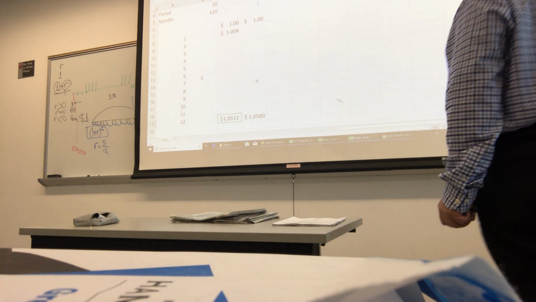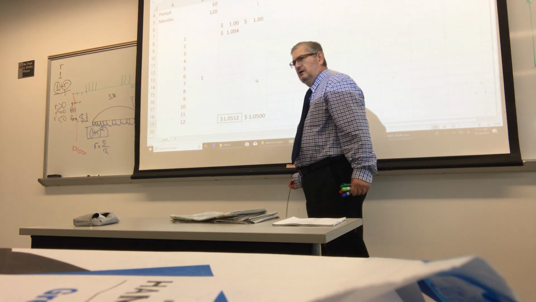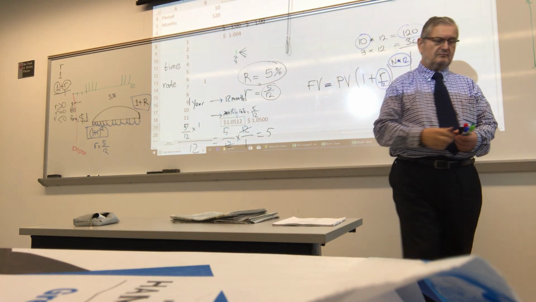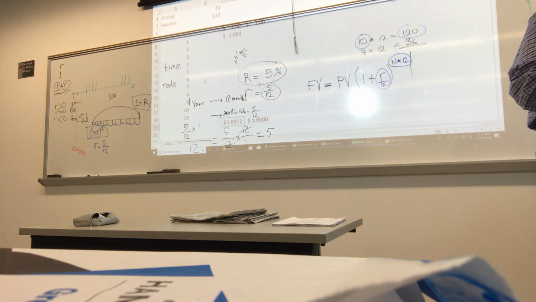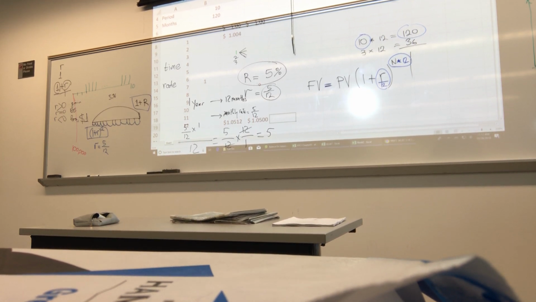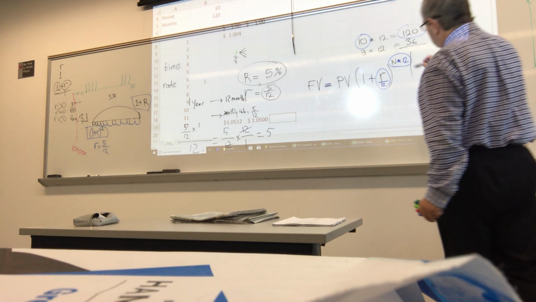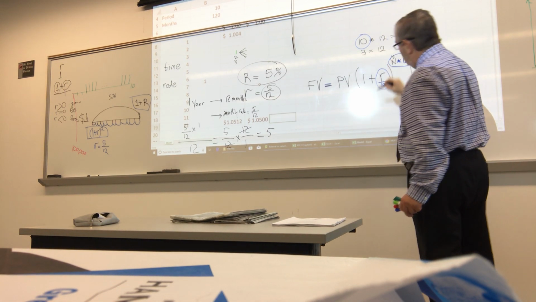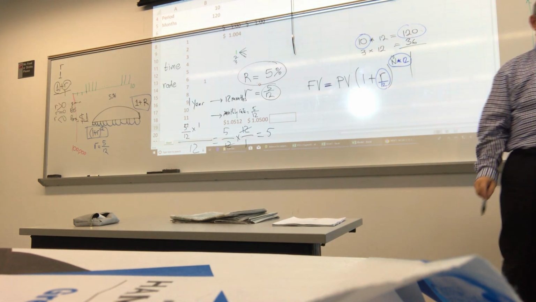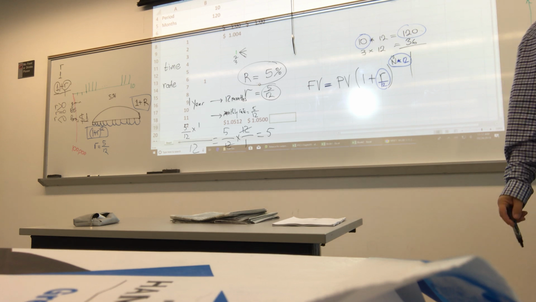And I'm looking to see what is happening here. And what is happening here is what the book is telling me. And the book tells me that if I want to think about time and I want to go from a monthly evaluation and I want to evaluate what is happening not in 10 years but in 120 months, which is equivalent to 10 years.